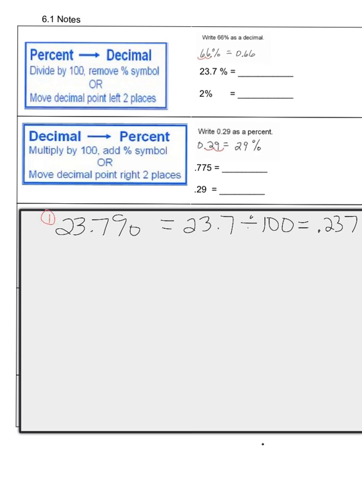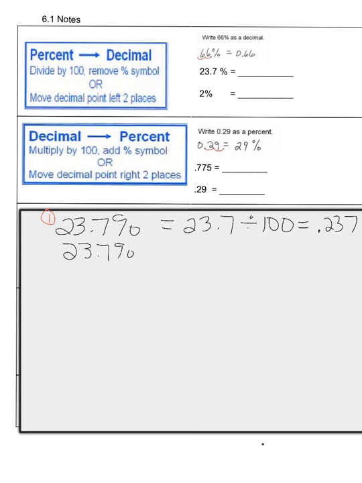Now your second way is simply to move the decimal point 2 places to the left. So you see that? The left. It's really important that you remember that. So if you're going from a percent to a decimal, you move it 2 places to the left. So let's look at this number again. We have 23.7%.